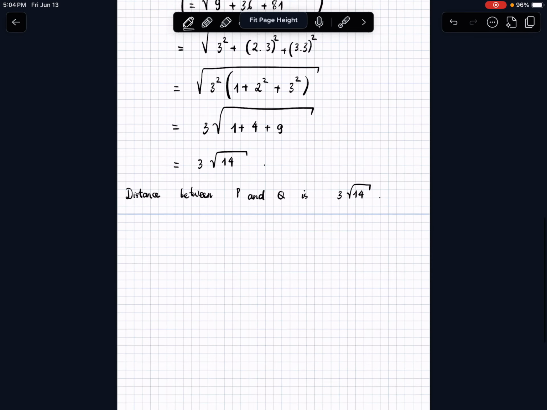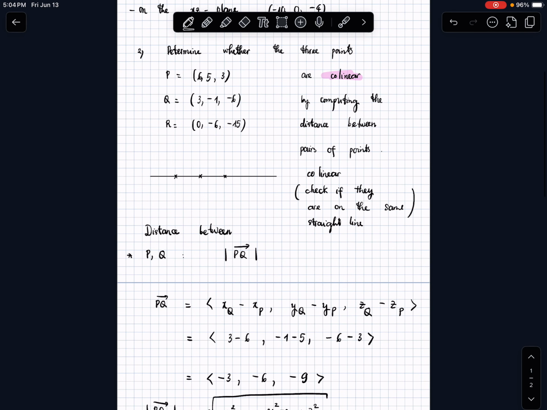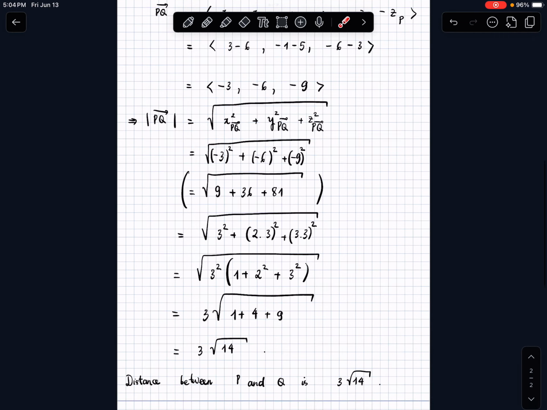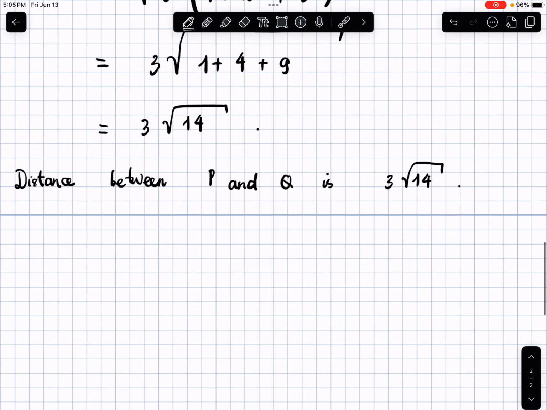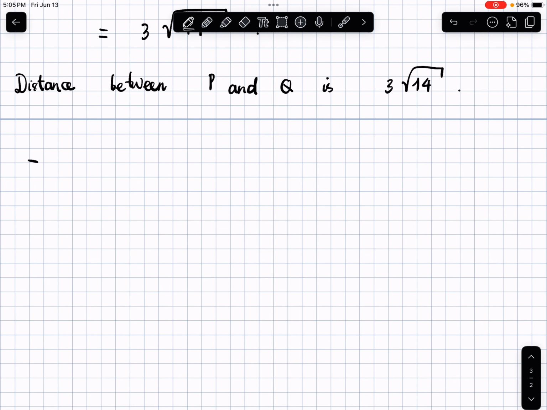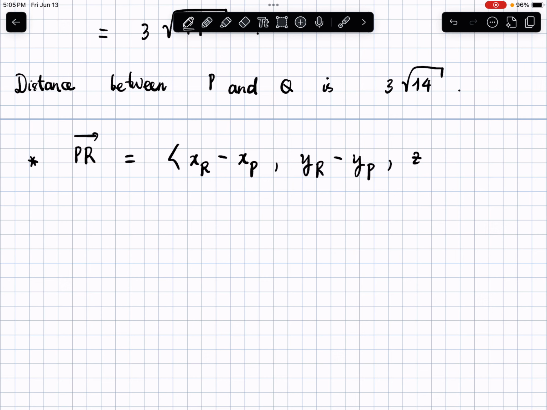Okay, we need to do similar for the other two pairs, PR and QR. Now we need to compute vector PR. The same as we did: XR minus XP, YR minus YP, ZR minus ZP.